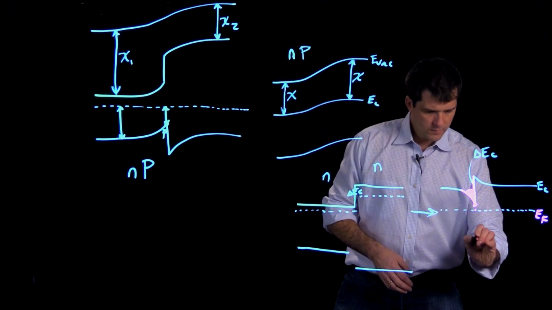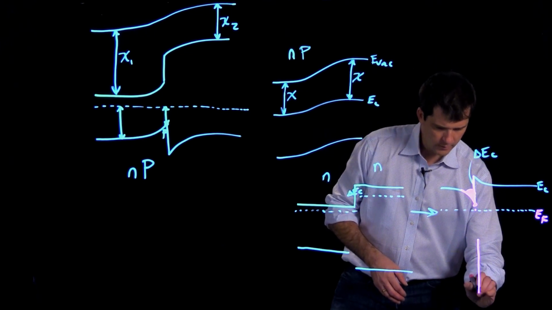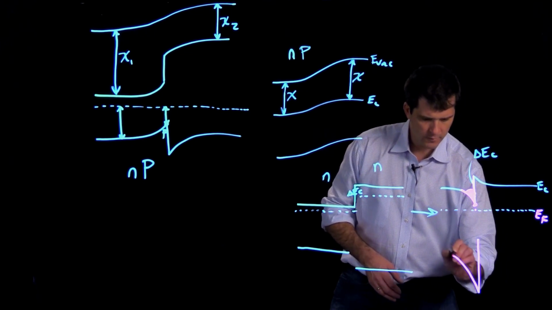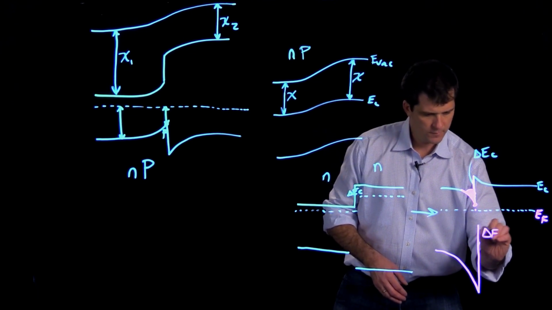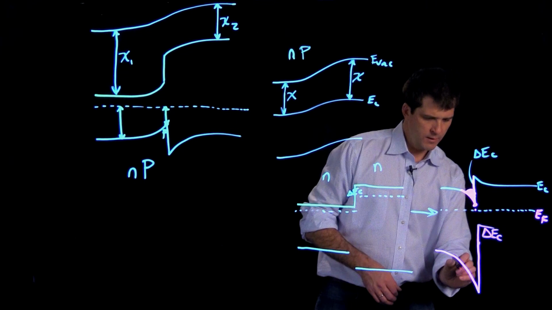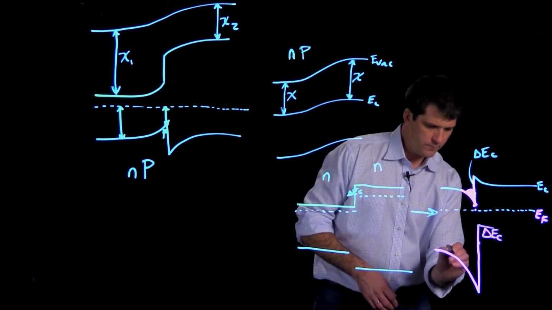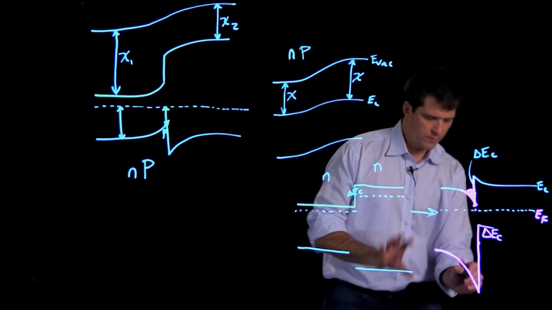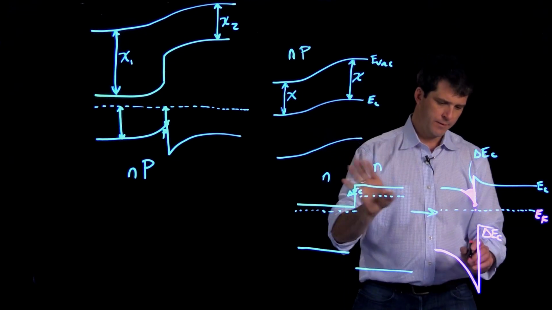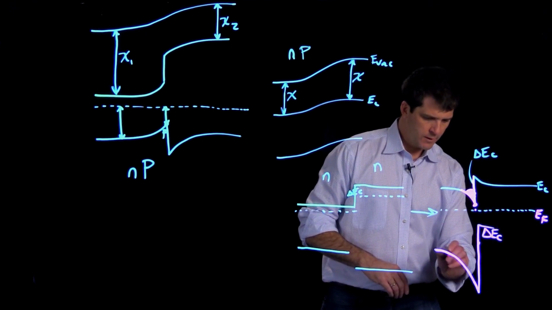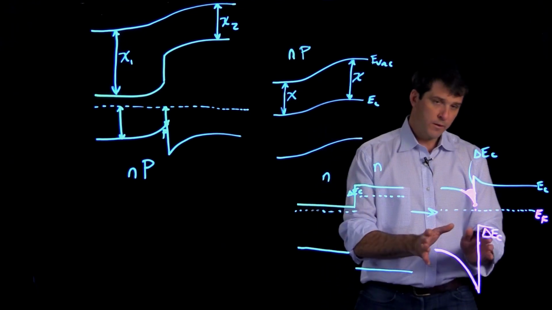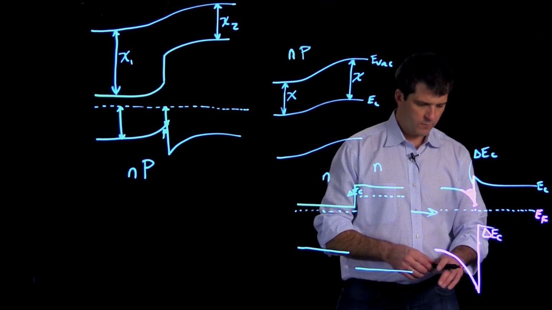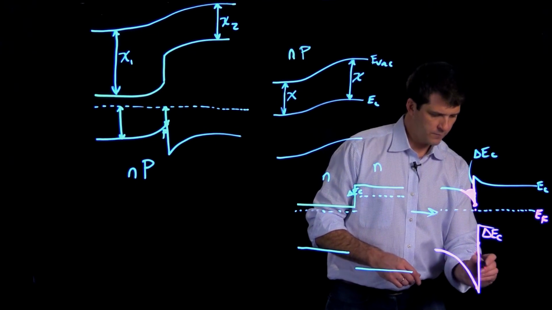Now let's look a little more carefully at this well, especially if the well is narrow and deep. So if we have a large delta EC and a large doping on the left-hand side, we can actually make a very small well, small enough that we actually have to consider it within quantum mechanics.